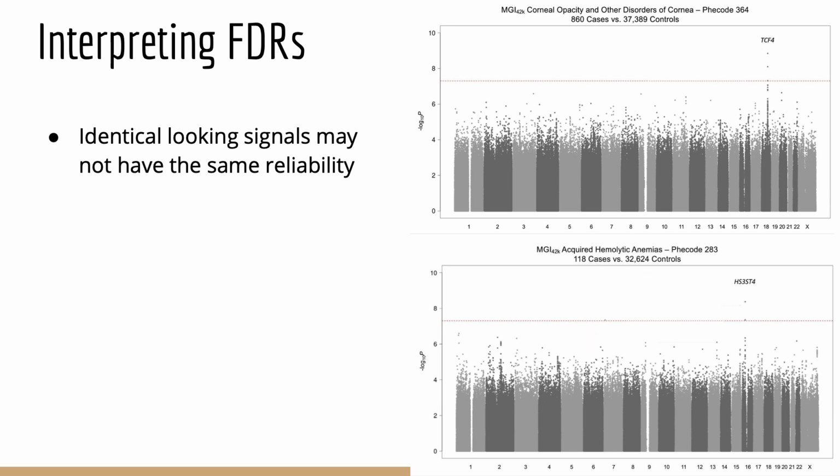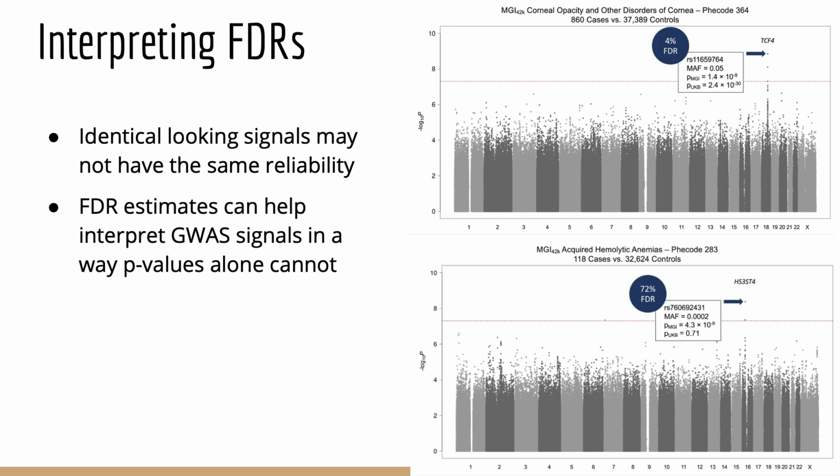From a single GWAS, we would probably think these are equally reliable signals. However, if we calculate the false discovery rate based on the minor allele frequency and the p-value, we can see that they have very different false discovery rates, with the top signal having a 4% estimated false discovery rate and the bottom having a 72% estimated false discovery rate.